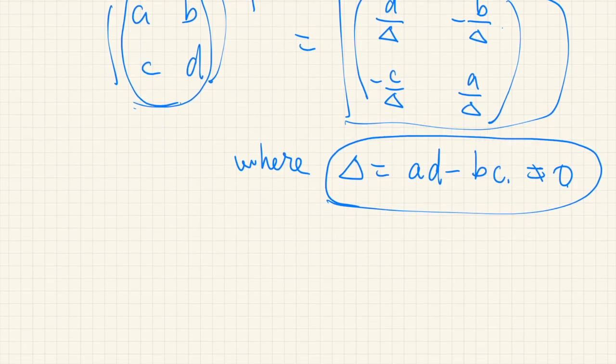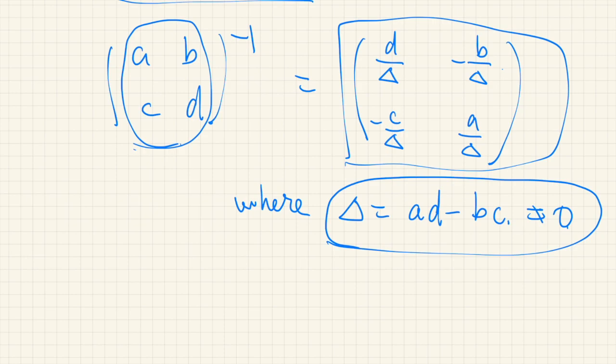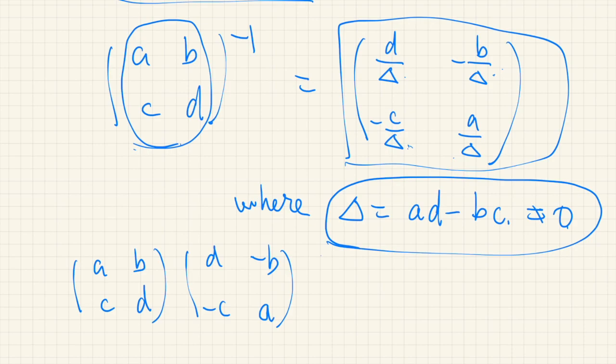So what's the definition of the inverse? Just multiply these two. So A, B, C, D, and they are all divided by delta. So we can just put this 1 over delta outside, and leave everything else inside.